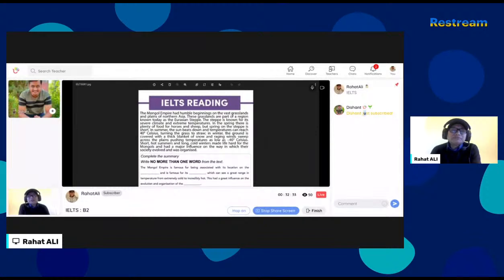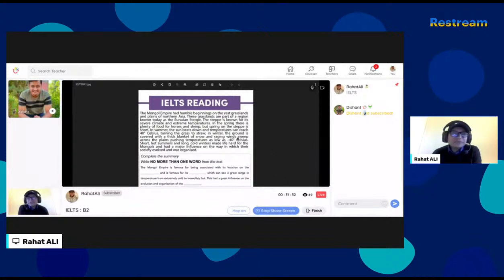In summer, the sun beats down and temperatures can reach 40 degrees Celsius, turning the grass to straw. In winter, the ground is covered with a thick blanket of snow, and rising winds sweep across the plains, pushing temperature as low as minus 40 degrees Celsius. Short, hot summers and long cold winters made life hard for the Mongols and had a major influence on the way in which their society evolved and was organized.